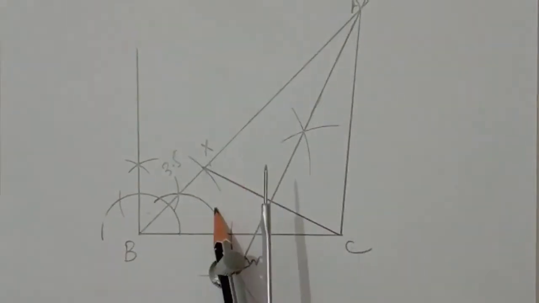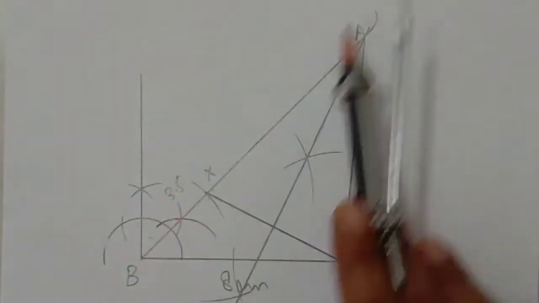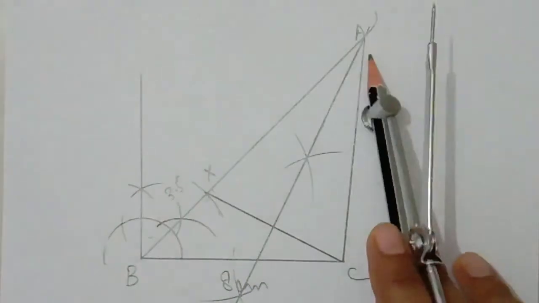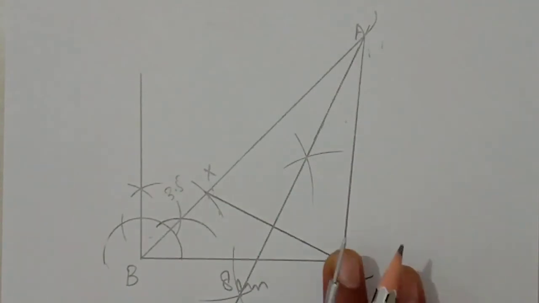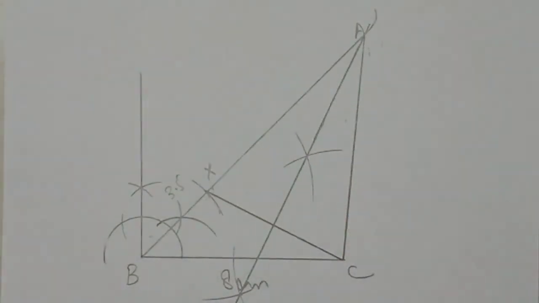And when the difference is there, the triangle will be present above the arc. It means when you have a sum, the required triangle will be made below the arc, and when you have a difference, the required triangle will be made above the arc. I think it is very easy and understandable. So this is the first type, when the difference is given. Now the second type of the question.